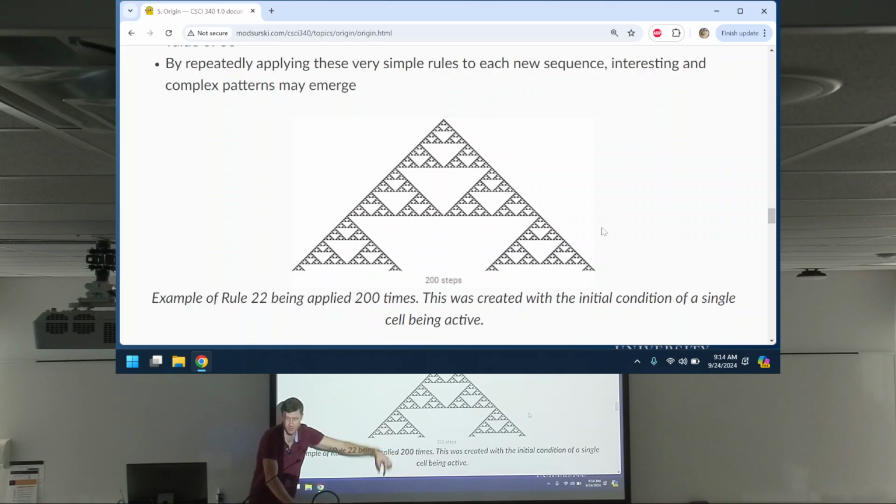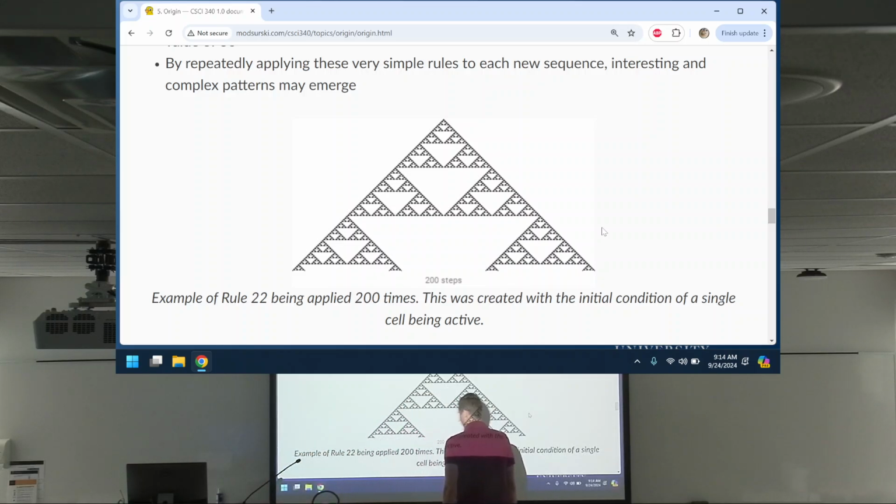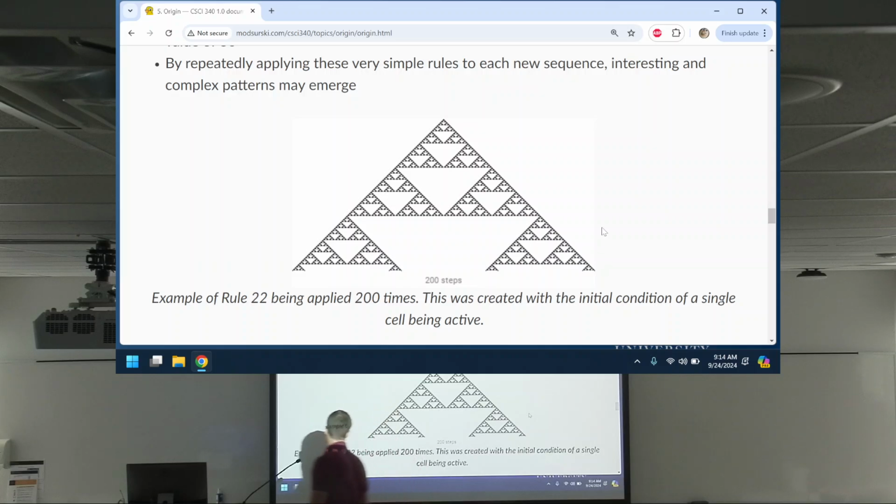Imagine it goes on forever, and I were to stand in front of it, and I didn't have a shadow, and I were to walk backwards, scaling out. If I keep doing this, that pattern is going to repeat over and over as I'm observing it scale out. Which is wild, with such a simple little rule.